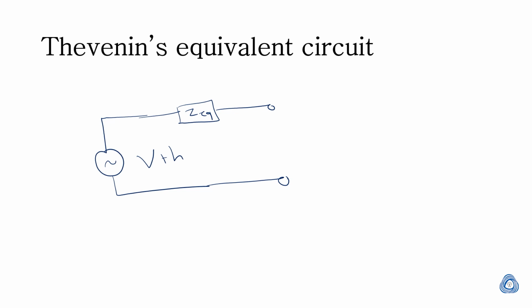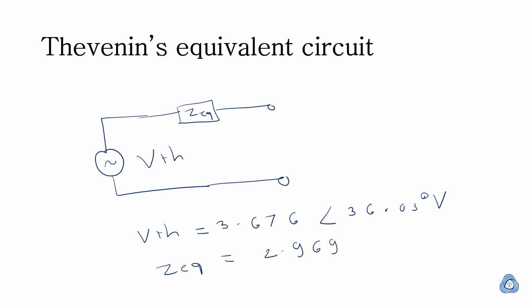So we have the value of VTH equal to 3.676 angle 36.03 volt, and Z equivalent is 2.969 minus J7.83 ohm.